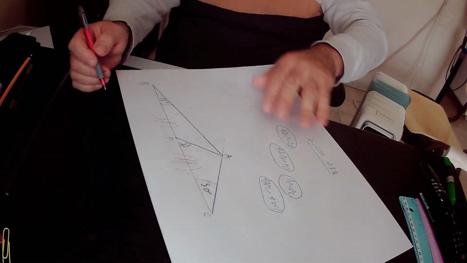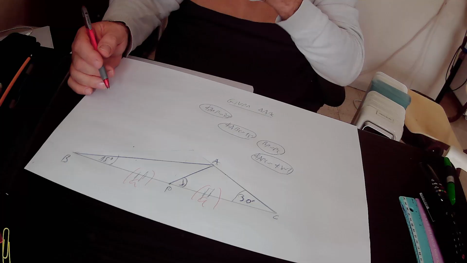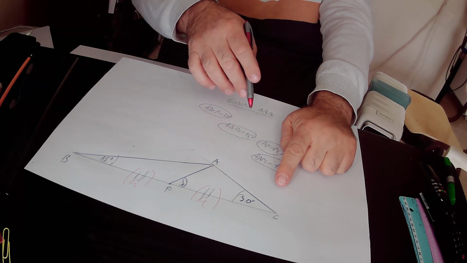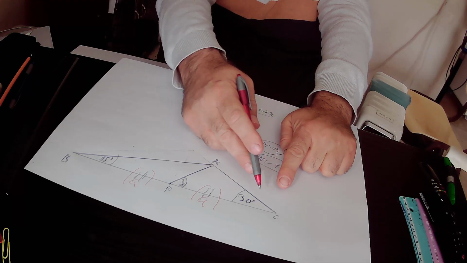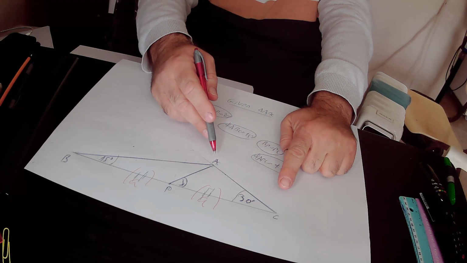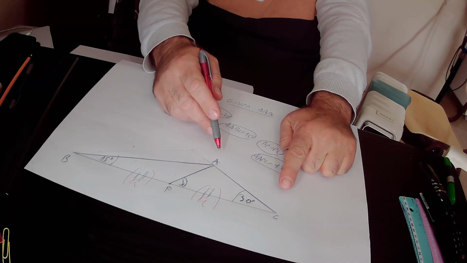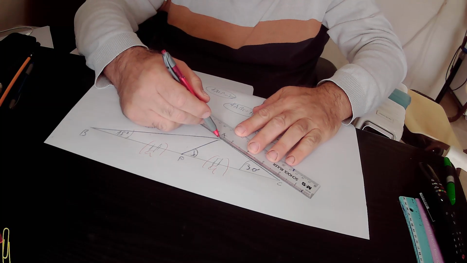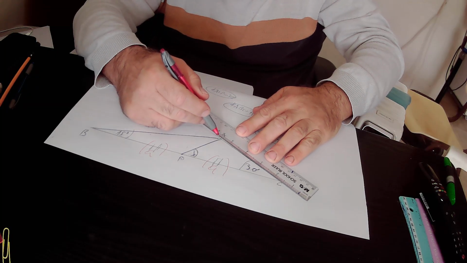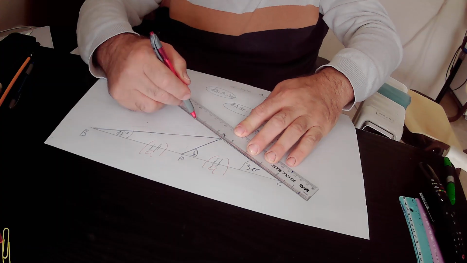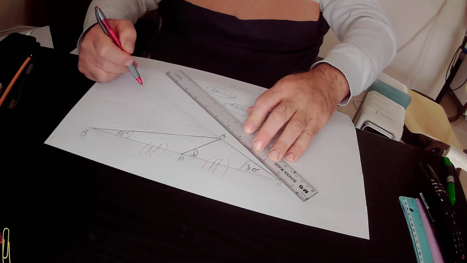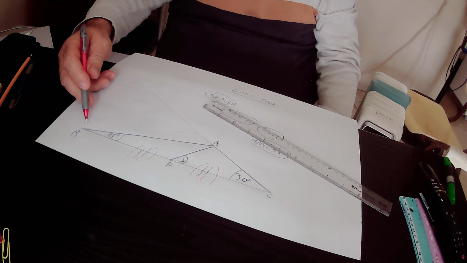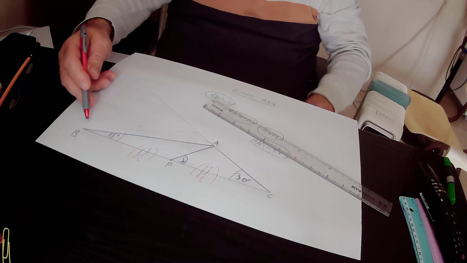In the next step, we will do a construction. First of all, we'll extend side CA of triangle ABC by a straight line. And then from point B, we create an angle of 15 degrees with AB.